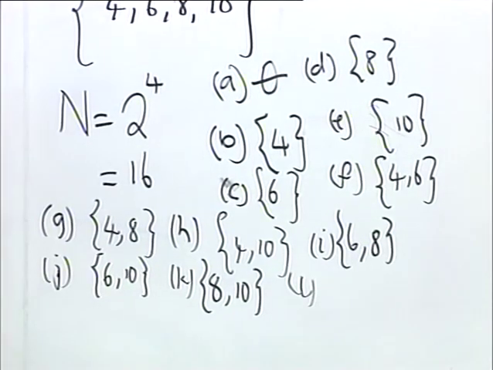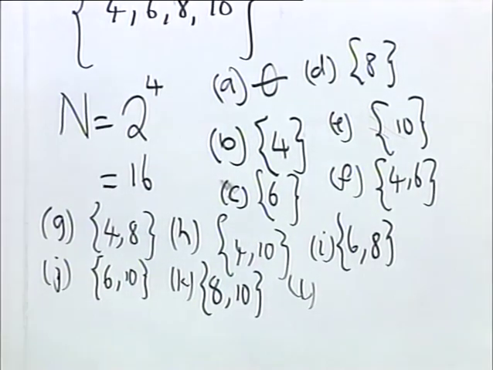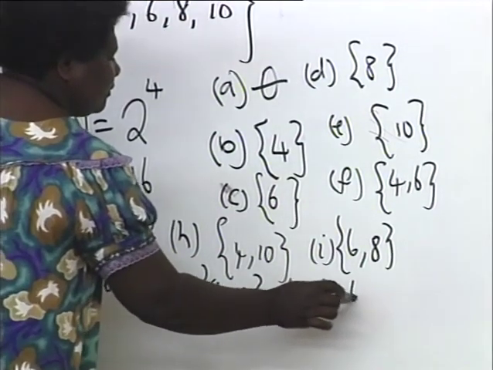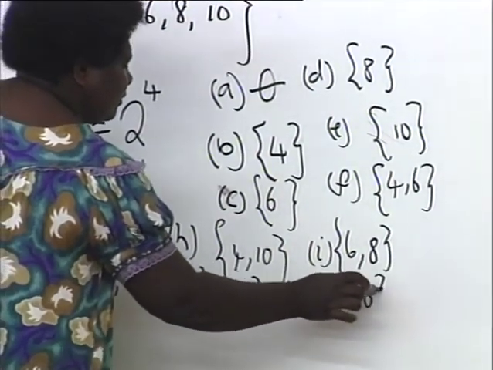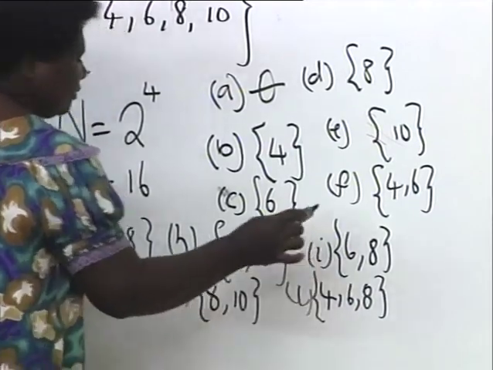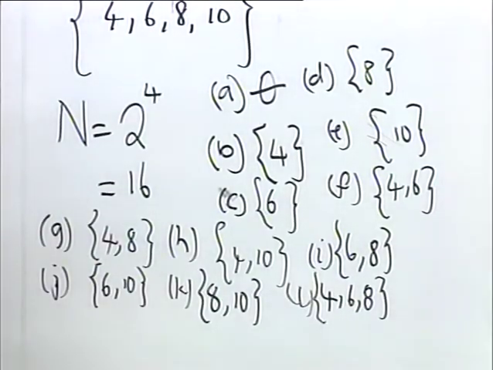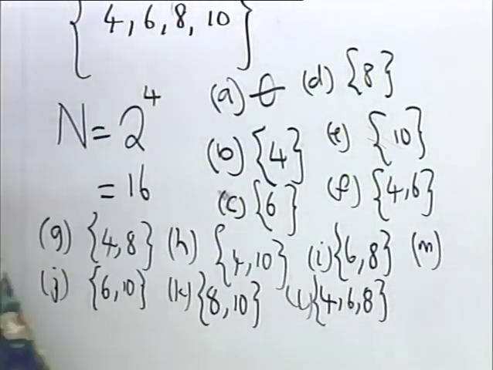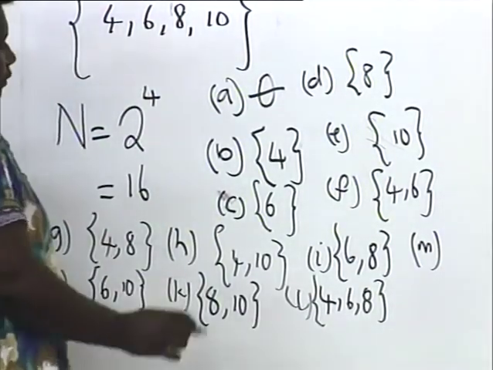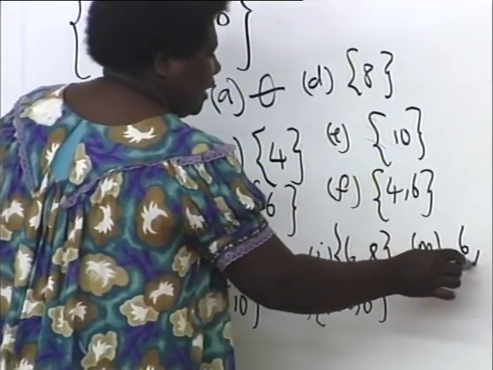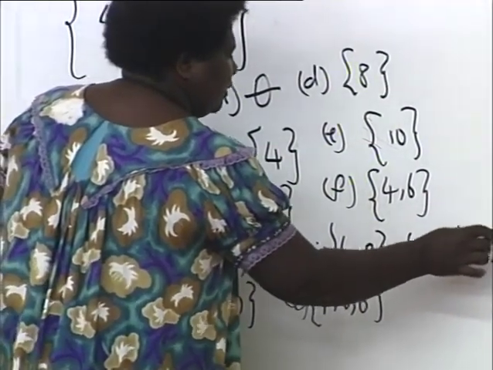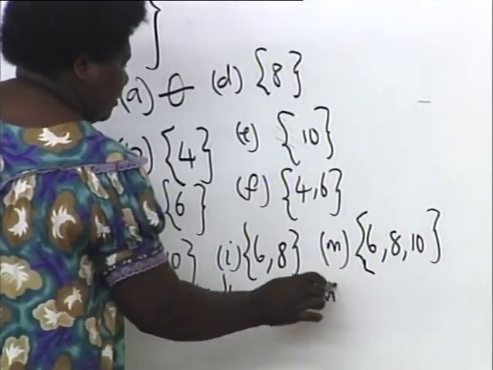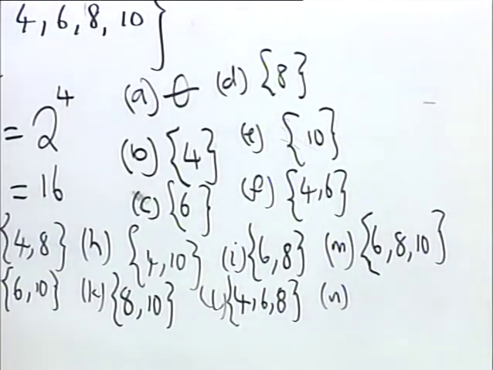And then L is going to be {4, 6, 8}. Then M, {6, 8, 10}.